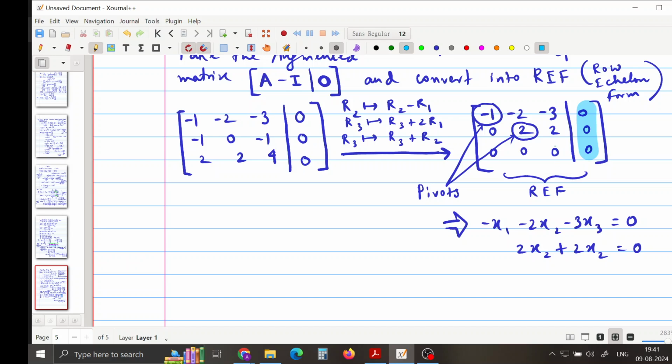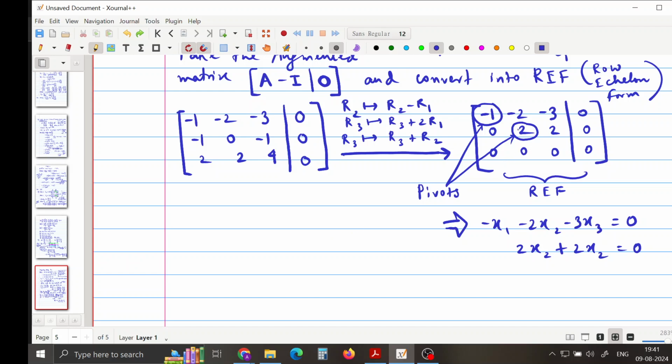So you have to check whether the last column of the REF of the augmented matrix has any pivot or not. If it has a pivot, it is an inconsistent system, meaning it has no solution. Otherwise, if there is no pivot, then it is consistent, meaning there is some solution, either unique or infinitely many.